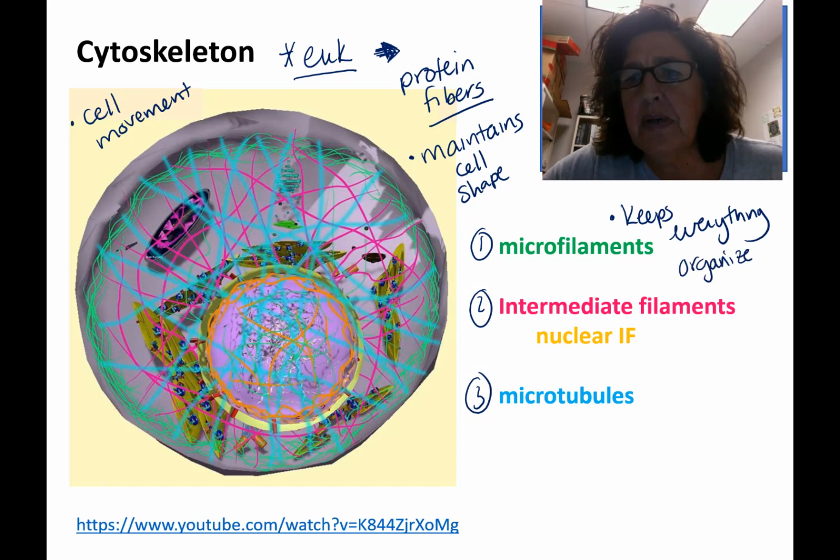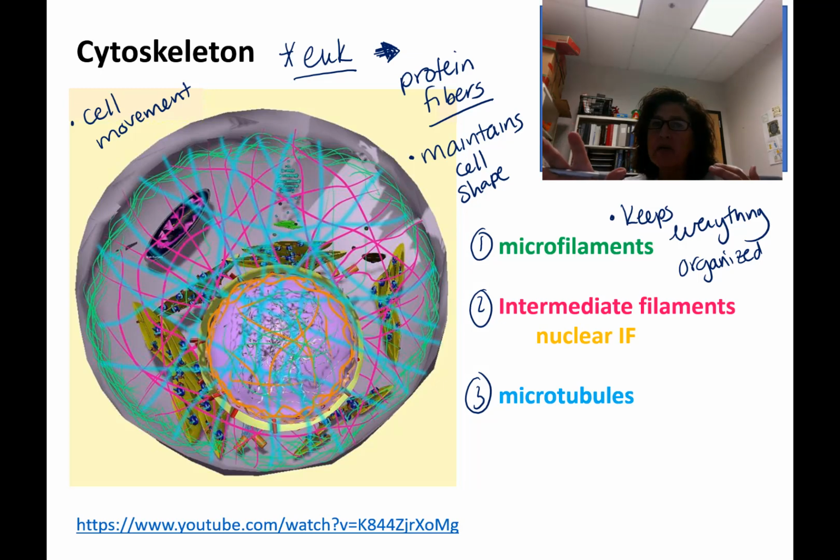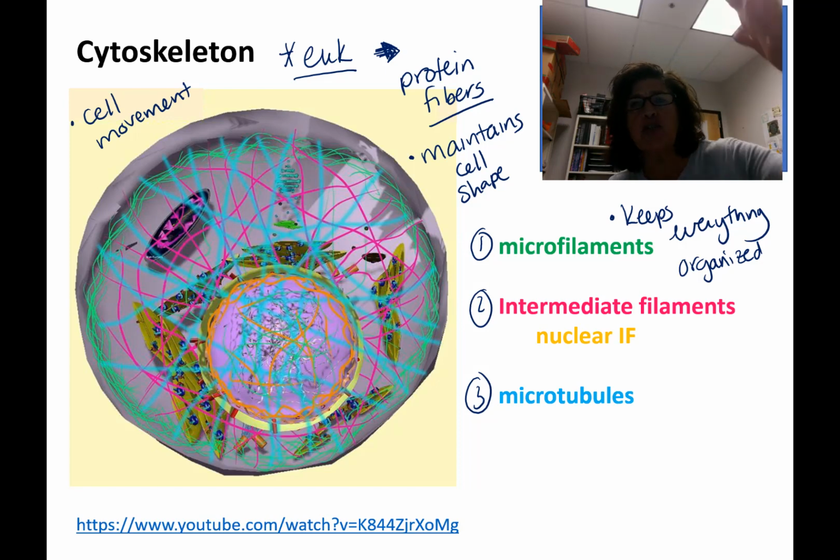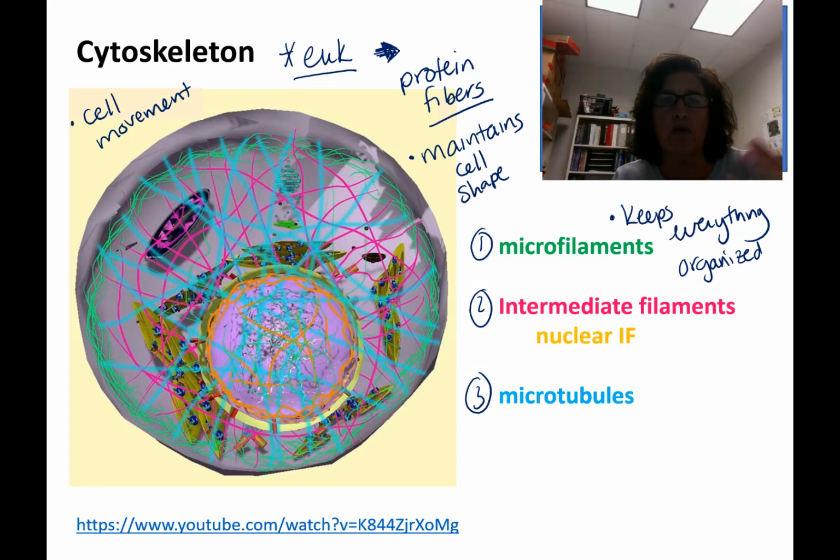So it keeps different organelles where they should be. We'll talk about in just a minute, microtubules act kind of like train tracks, so things can move in orderly fashion. Prokaryotic cells do have a type of cytoskeleton, but it's nothing like this. So when you're filling out your chart, we say that prokaryotes do not have a cytoskeleton, but plant and animal cells do.